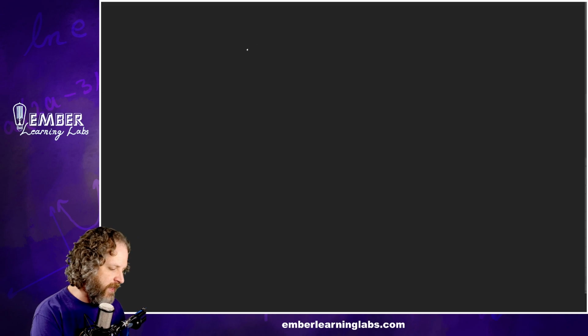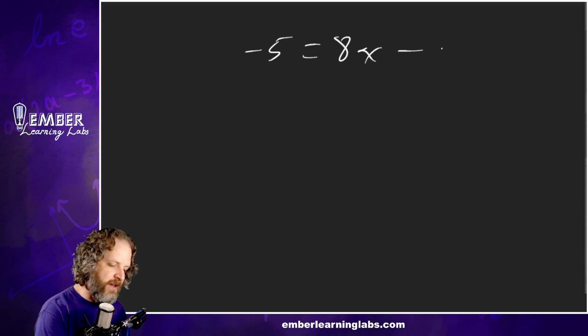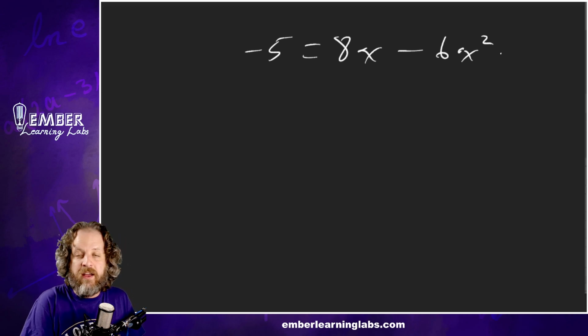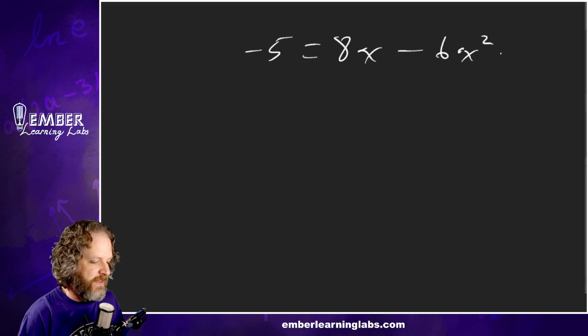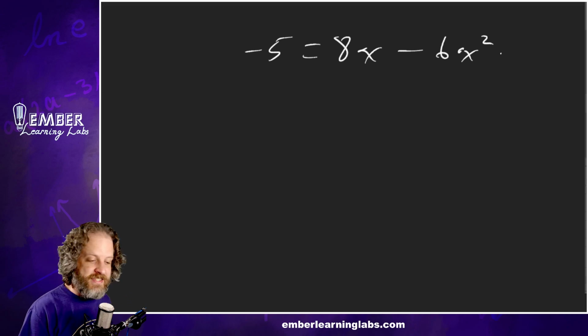So it might be something like -5 equals 8x minus 6x squared. You're going to turn that into a function. I'm going to do the first bit of this, and then you're on your own after that. So we're going to put it as a function in standard notation.